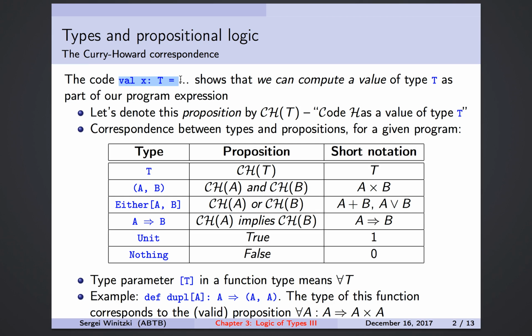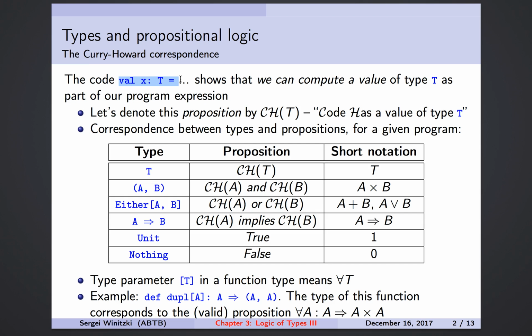The Curry-Howard correspondence is a correspondence between types and propositions, and also between values and proofs. On the one side, there is program code in a functional language. That program has types and expressions that have those types, or values of those types.